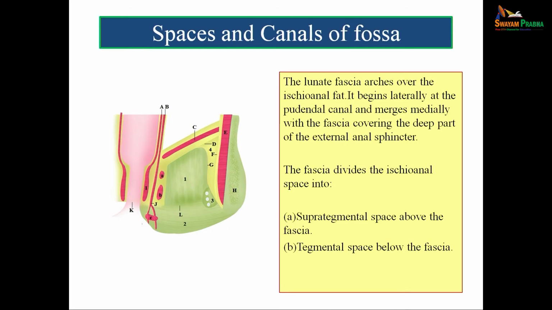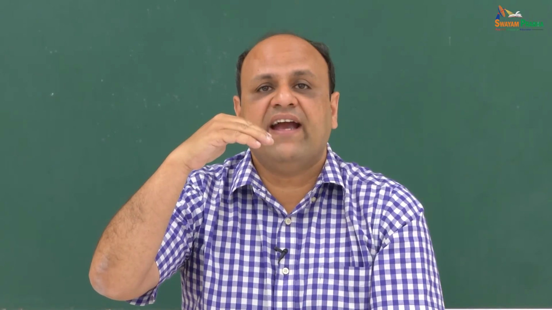So, this is called the lunate fascia, and this G in the figure is separating 4 from 1. 4 represents the suprategmental space, while 1 represents the tegmental space, or 1 represents the ischioanal fossa. So, this lunate fascia is dividing the ischioanal fossa into a suprategmental space and a tegmental space.